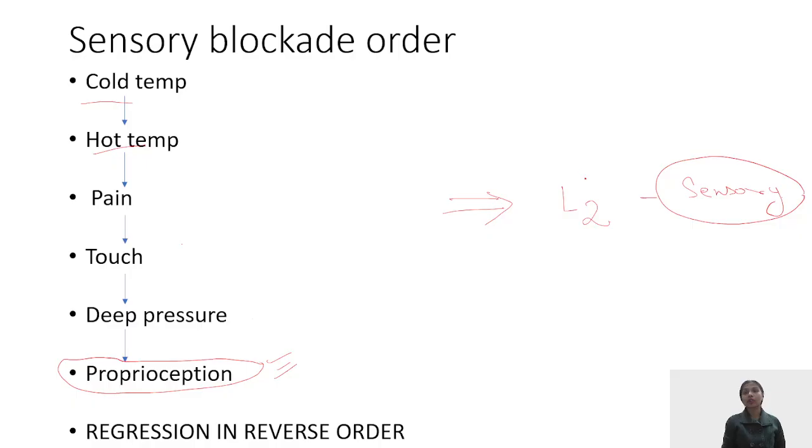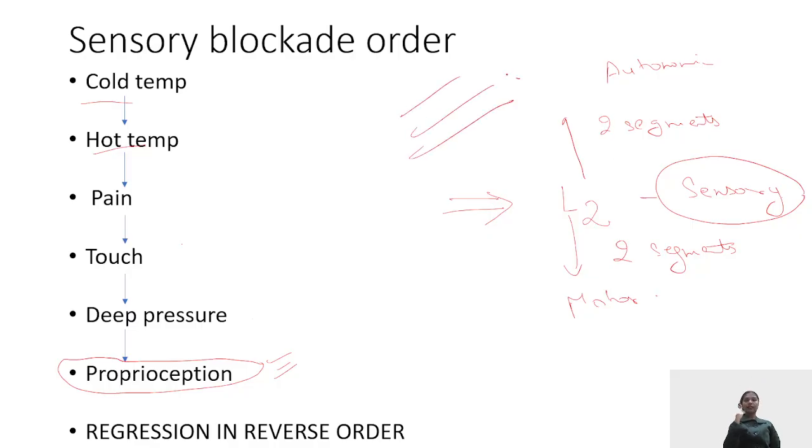The autonomic loss will be 2 segments higher than the sensory loss, whereas 2 segments lower would be your motor loss. Please remember this. If it is said in the question that the sensory level is L2, the autonomic level will be 2 steps higher and the motor block will be 2 steps lower than your sensory block.